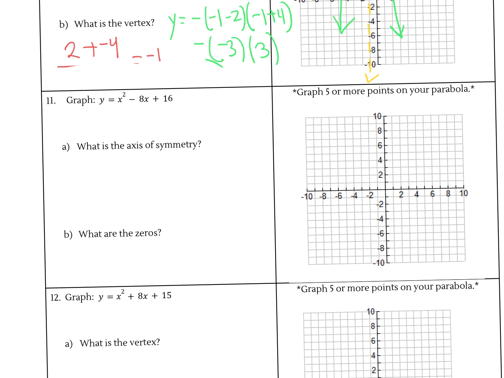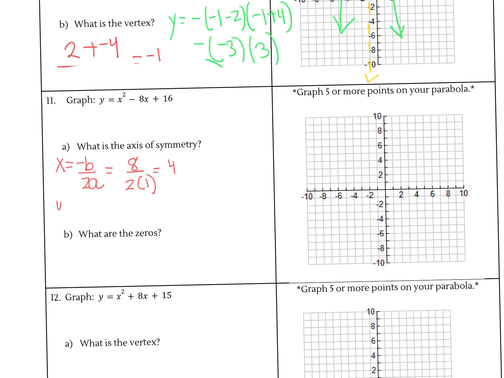And so what we could do is, since this is in standard form, we can say that x is equal to the opposite of b divided by 2a. b would be a -8, and so therefore the opposite would be a +8 divided by 2 times 1. And when we do that arithmetic, the x-coordinate of the vertex is going to equal 4.